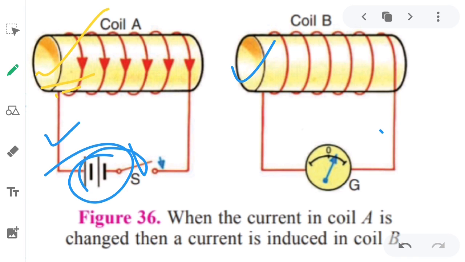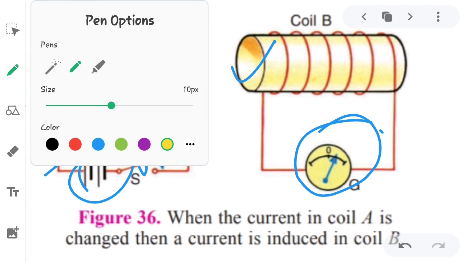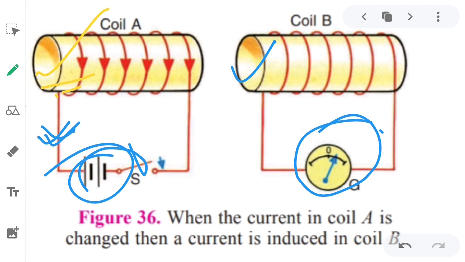Here also it is a magnet, but this coil does not have any current earlier. Here we have just one galvanometer. So when these two come closer and we pass current in this coil, then the current will be induced in the second coil.